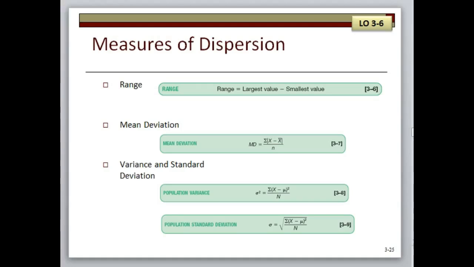A mean deviation is computed by adding the absolute difference of each observation from the mean and then dividing the sum by the number of observations. So to compute a mean deviation, the first step is to compute the arithmetic average of a sample. The mean is then subtracted from each of the observations in the sample.